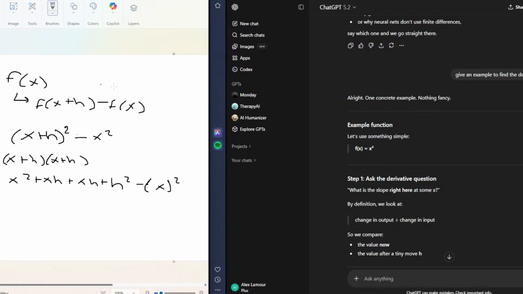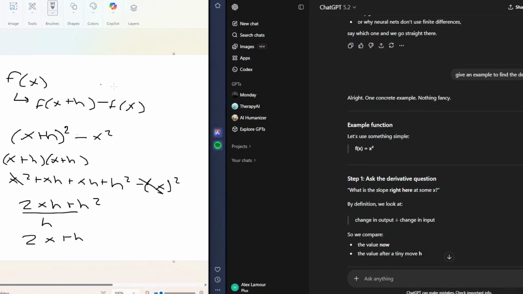Right. So now we go ahead and cross these first terms out, and then you're left with 2xh plus h squared, which you can divide by h and get 2x plus h.